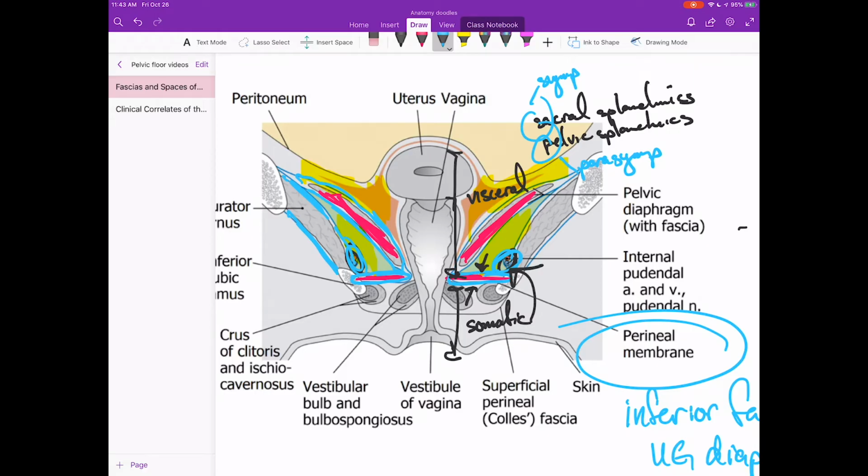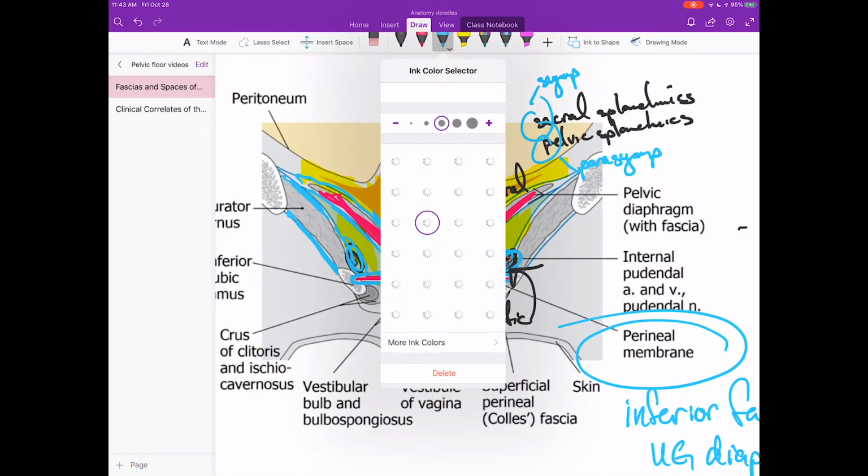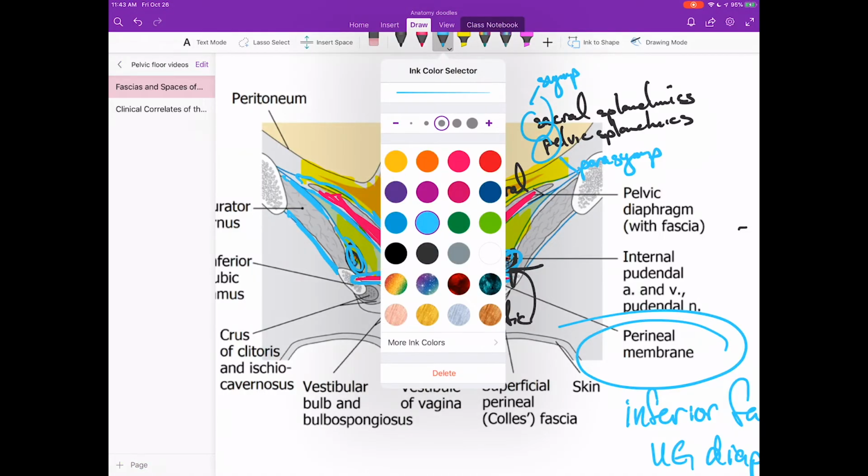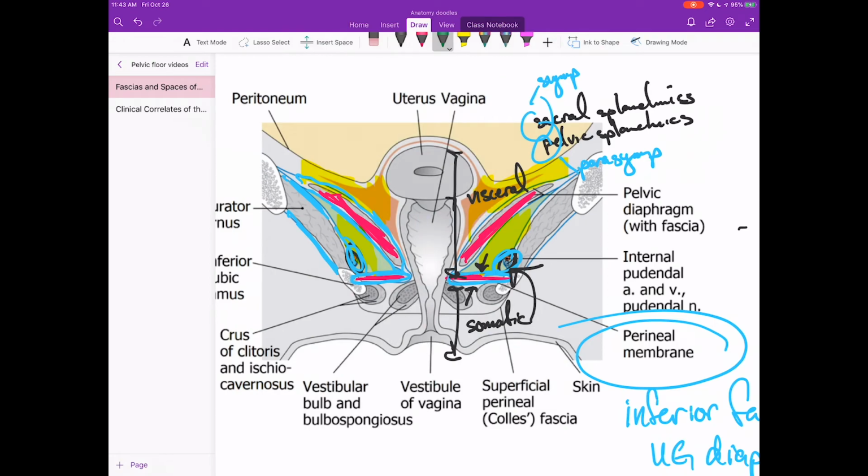Back to the UG diaphragm and the fascias that are surrounding it. This containment means that the superior or deep or inner part of the pelvis is definitively separated from the superficial part of the pelvis, or the perineum, which I'll draw in green. Notice that there's another fascia that contains this area.